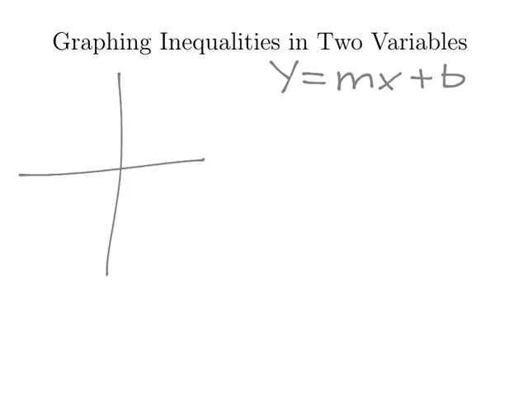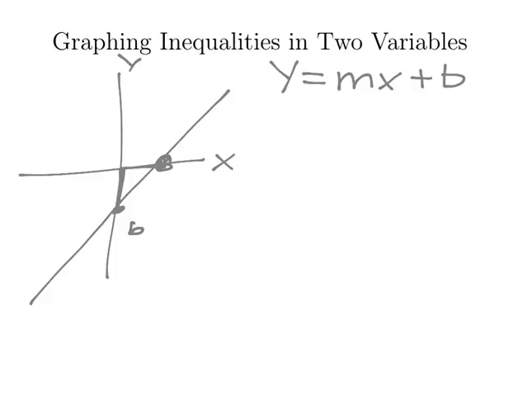What you're probably going to see more of is something along the lines of a linear equation. If we look at y equals mx plus b, here I can graph this. If I have b here, let's say, this is x, this is y. And let's say m, we go up some amount and over some amount. This is what that line looks like. But what if that's not what the problem is asking for?